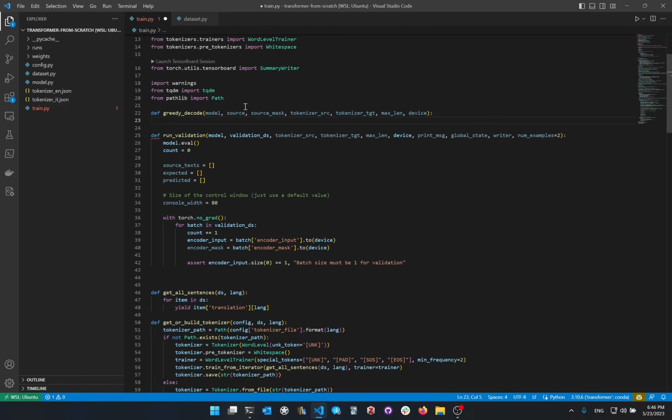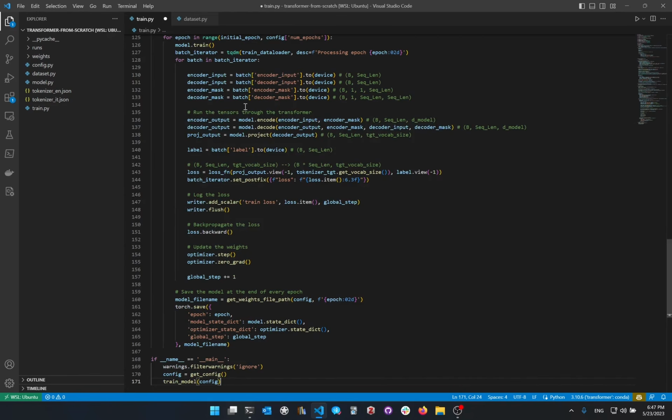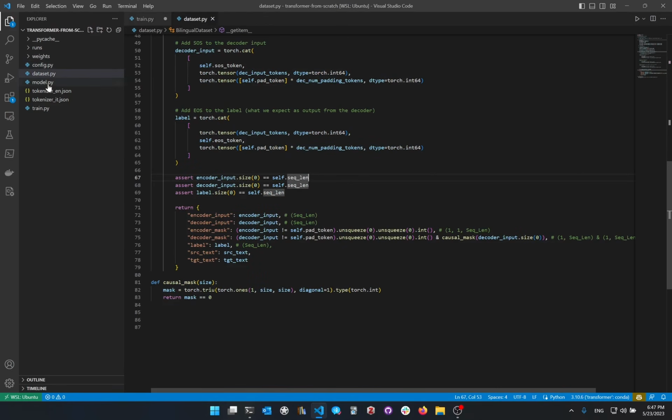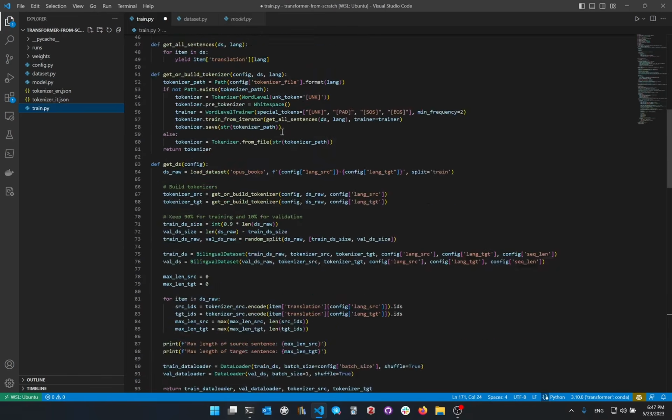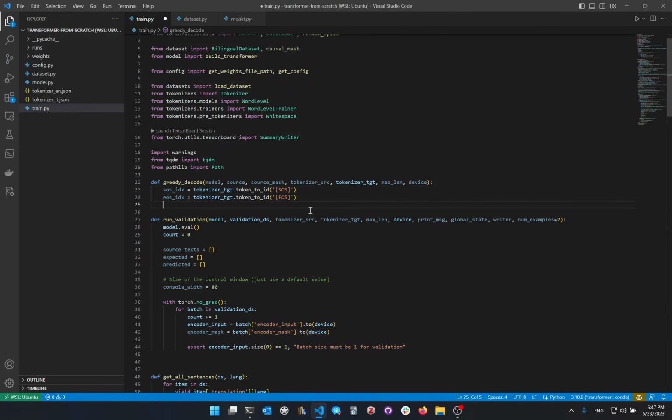Okay, let's create some tokens that we will need. So the SOS token, which is the start of sentence. We can get it from either tokenizer, it doesn't matter if it's the target or the source, they both have it. EOS, okay.